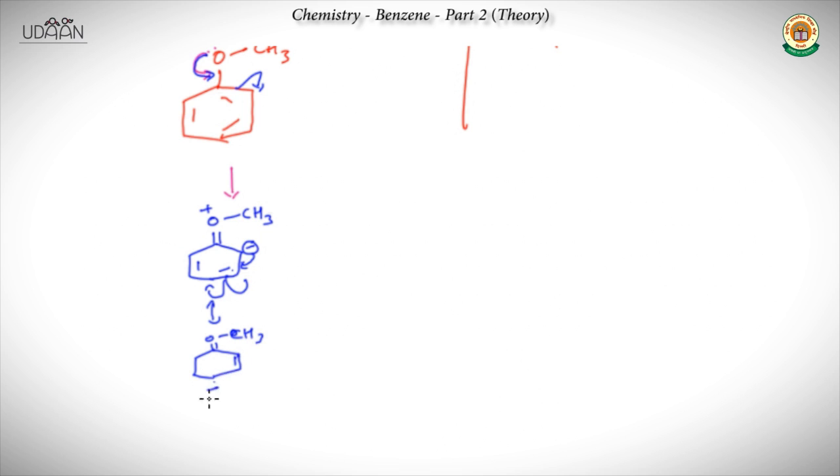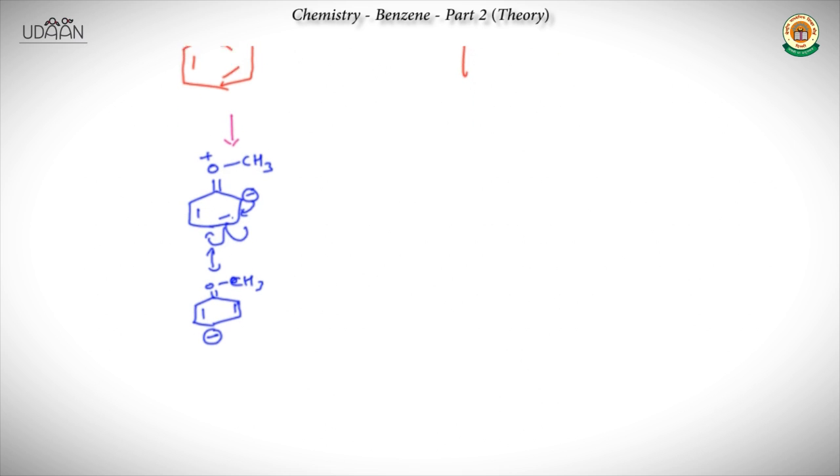and I'll draw out the structure again. You have a double bond here and a negative charge here, and one more double bond here, and this is still delocalized, a positive charge on oxygen. You will have double bond of CH3, and by shifting this bond you have a negative charge here.